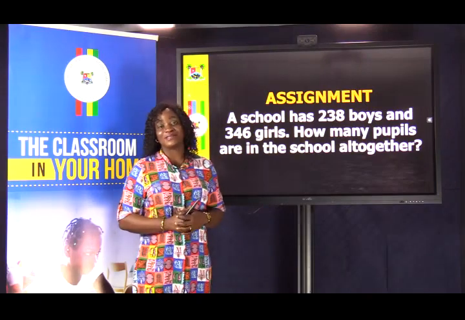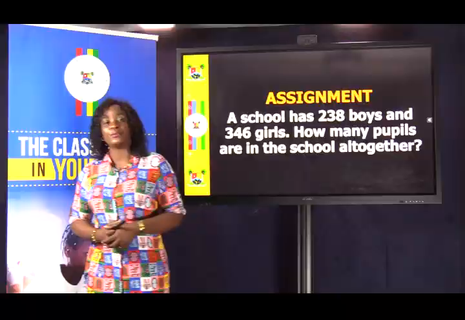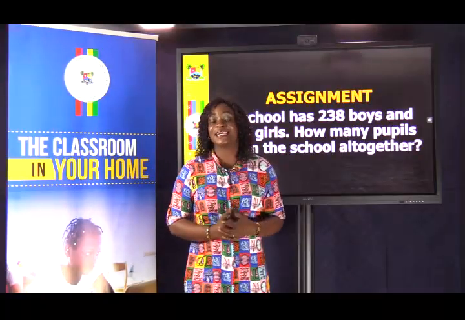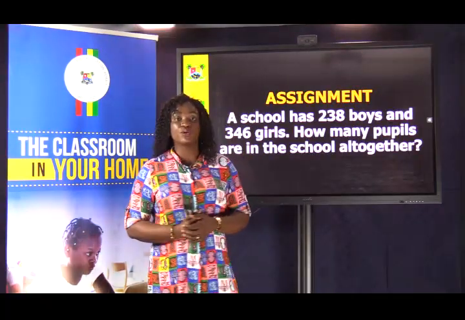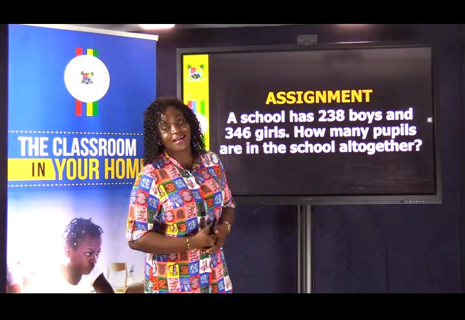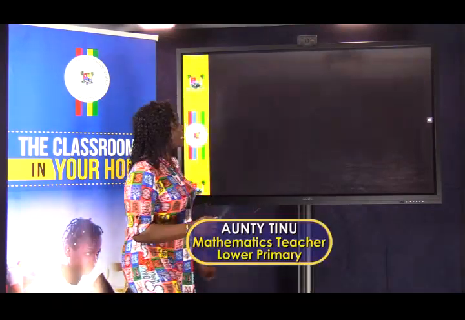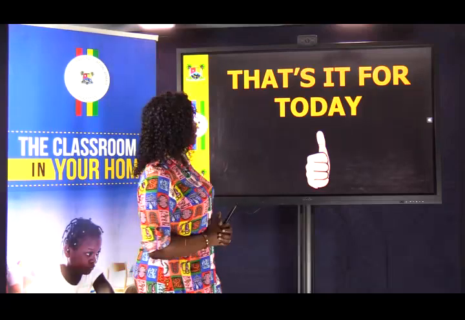Capture this homework down in 10 seconds and your time starts now. Okay, I'm sure you have captured the homework already. Remember to do your homework and submit in time.